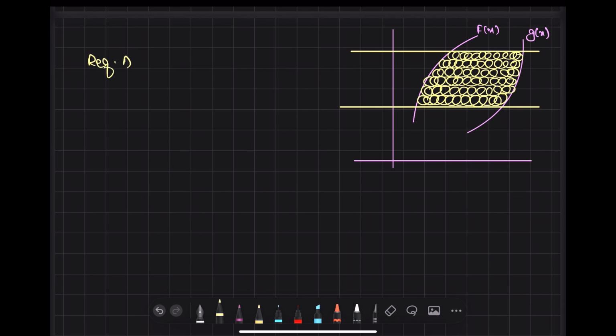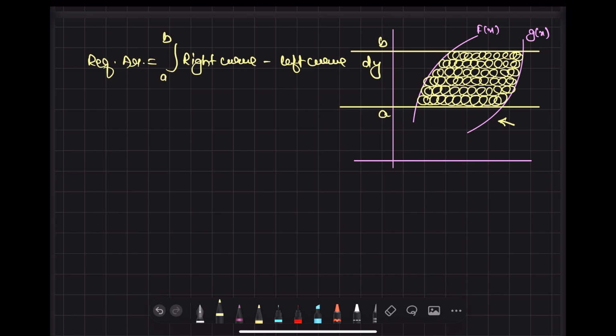Required area will be equal to integration from, suppose, a to b, of the right curve, I am talking about this right side curve, right curve minus left curve, dy. In this case you will be going with dy.